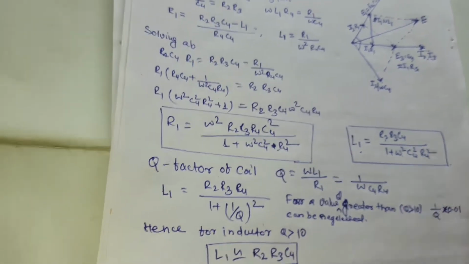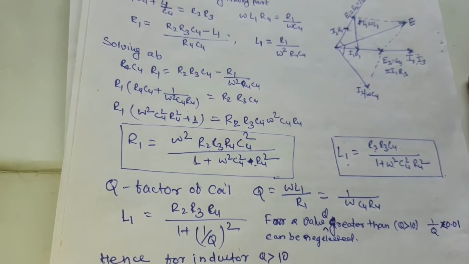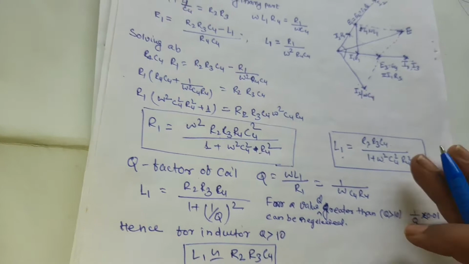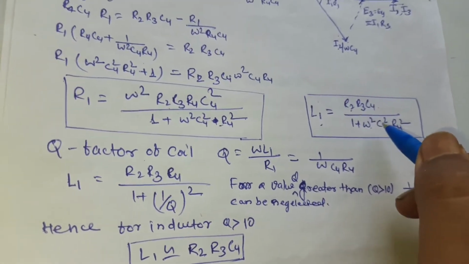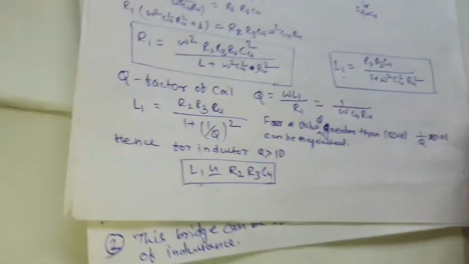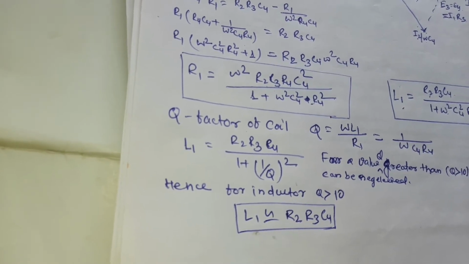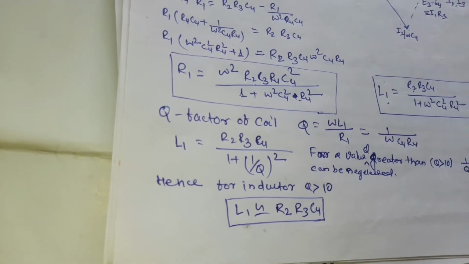The quality factor of the coil is equal to omega L1 by R1, that means 1 by omega C4 into R4. So if you express L1 in terms of the quality factor, L1 becomes R2 R3 into C4 divided by 1 plus 1 by Q square.